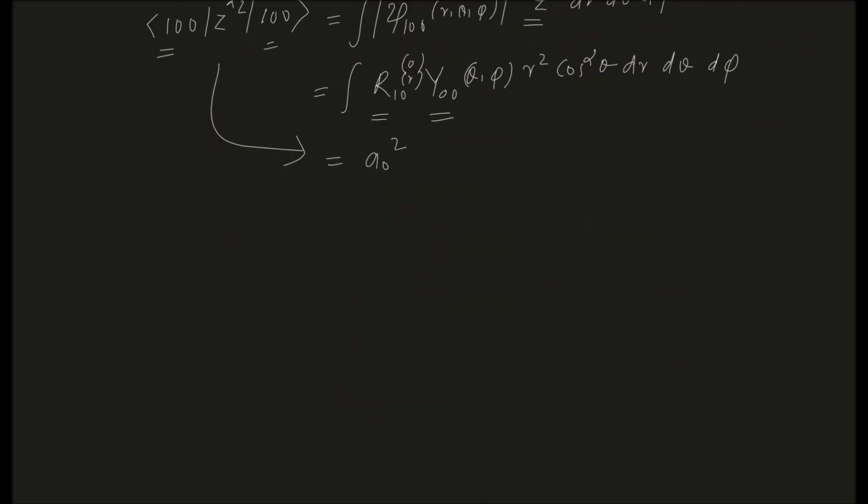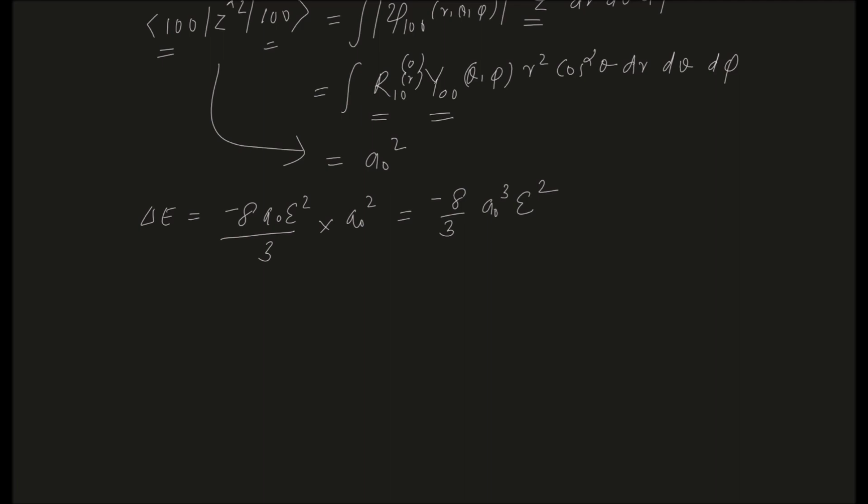So the energy shift delta E is given by minus 8 a0 e squared by 3 into a0 squared. So this will become minus 8 by 3 a0 cubed into e squared.